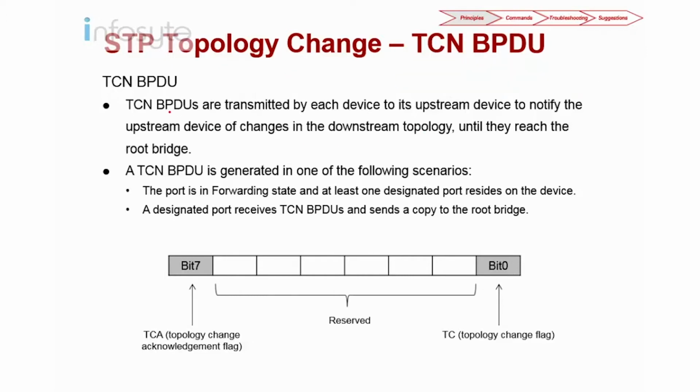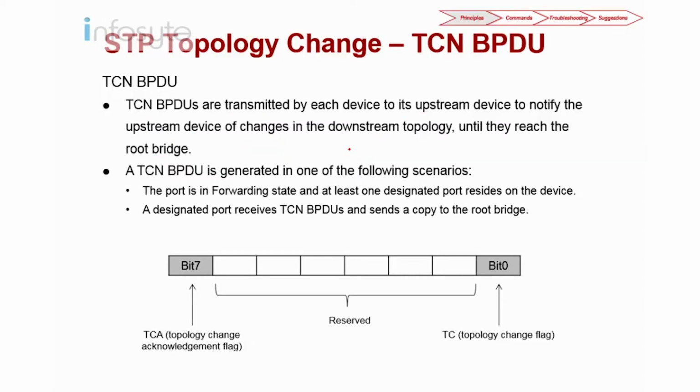The TCN BPDU is transmitted by each device to the upstream to notify the upstream of the change in the downstream topology. In this case, the upstream is the root bridge. That is our reference point. Once the root bridge is informed that there is a topology change, it will send a topology change notification BPDU so that the entire switch network knows that there is a topology change.